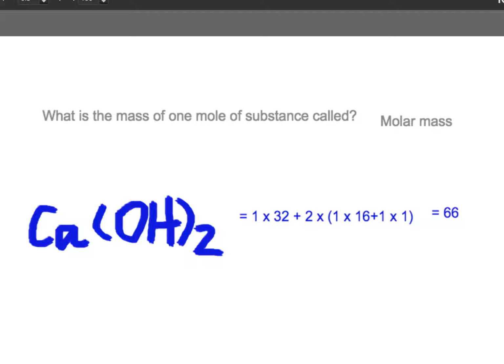So you spot where calcium is on the periodic table and where oxygen and hydrogen are on the periodic table.